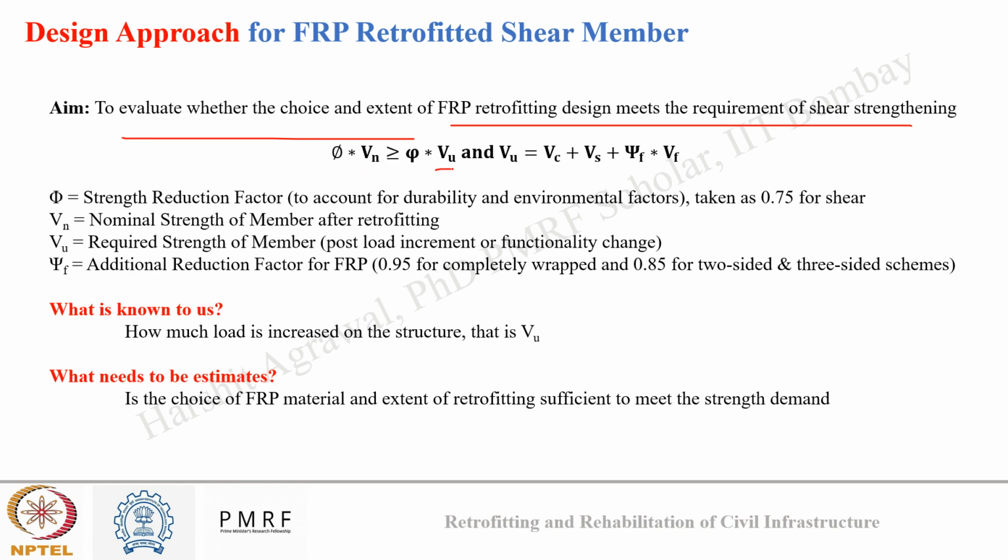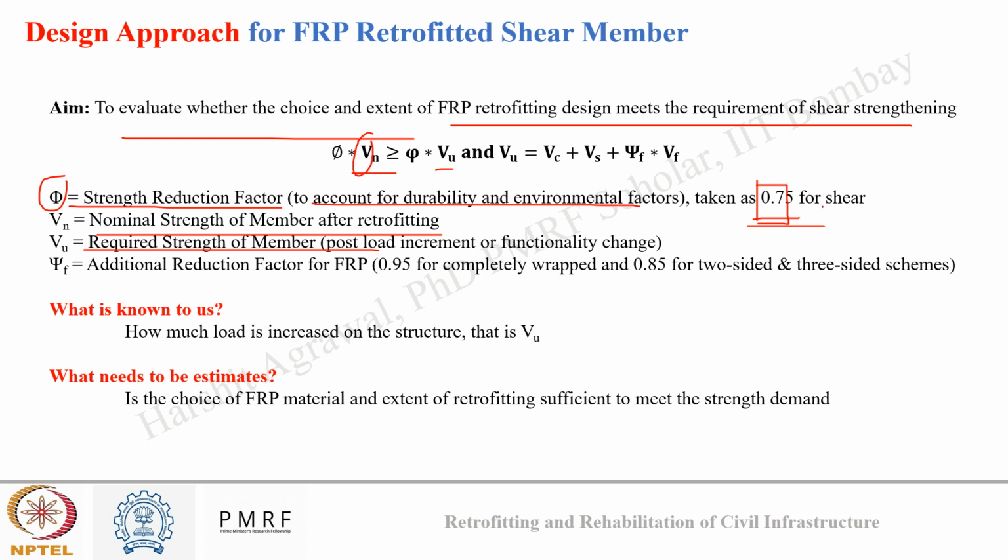So Vu is the required strength of the member post load increment, and Vn, the nominal strength of the member after retrofitting, should be more than it. And phi is the strength reduction factor to take into account durability and environmental factors. In case of shear design, we take the phi value as 0.75, so it is fixed initially.